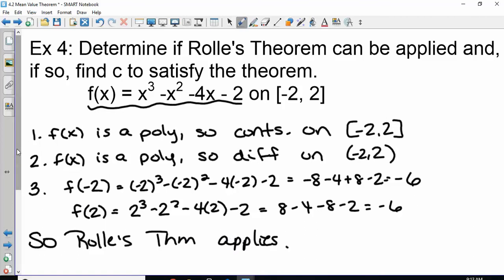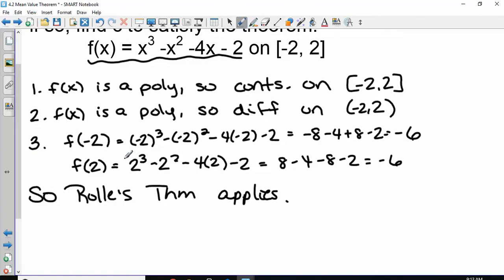So now, what does Rolle's theorem tell us? Some velocity equals 0. So we do the derivative and set it equal to 0.